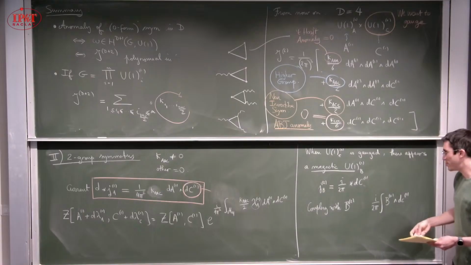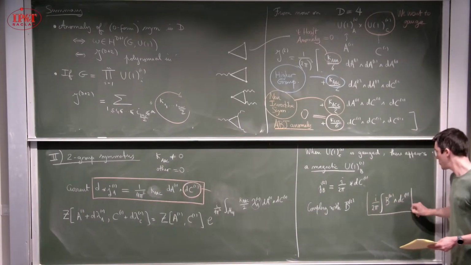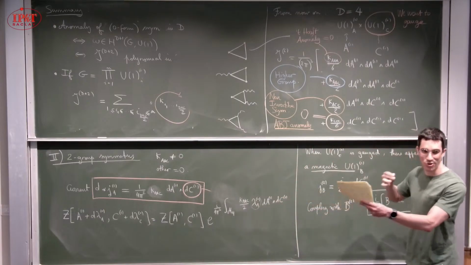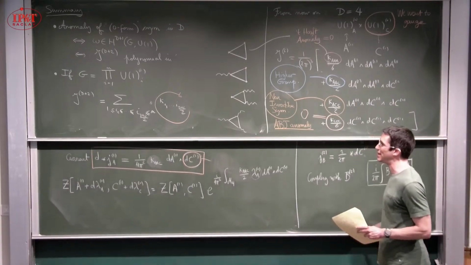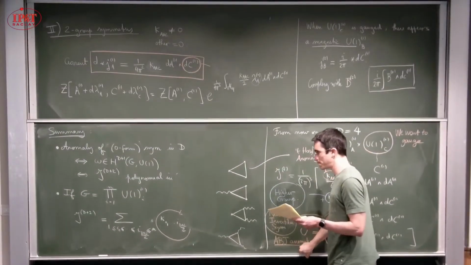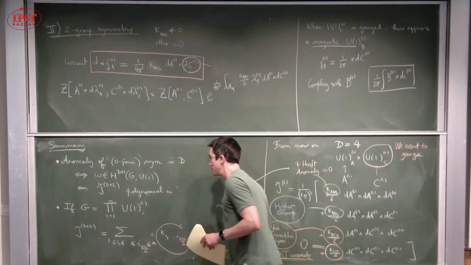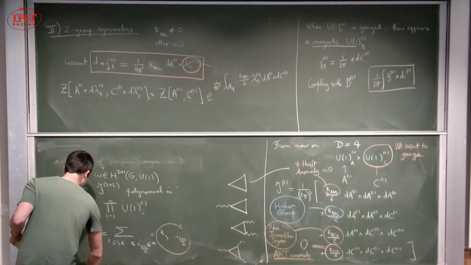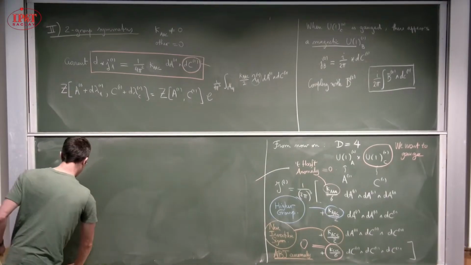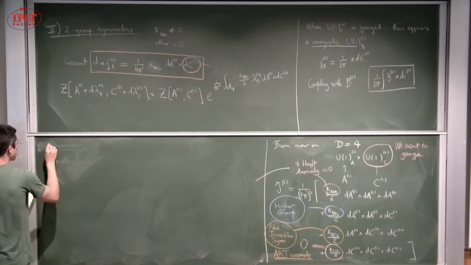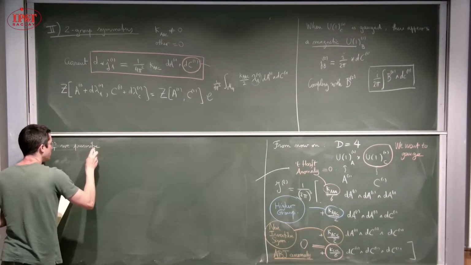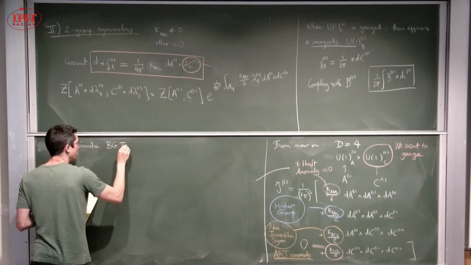And now, if you stare at this coupling, and if you stare at the problem that we had here with the anomaly, you can see that a solution emerges. So let me write it. If we prescribe the background gauge transformation as follows.